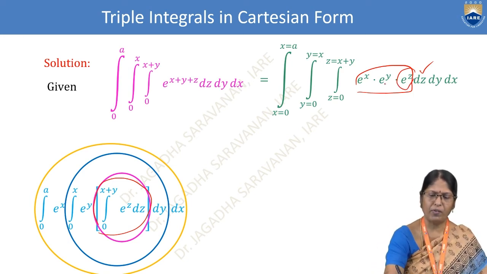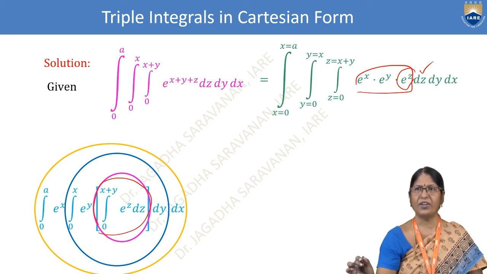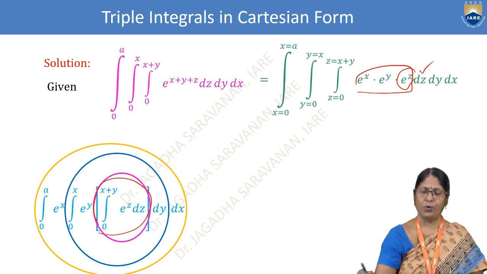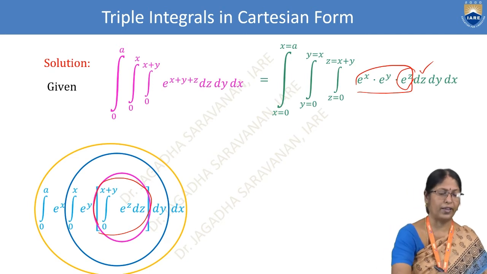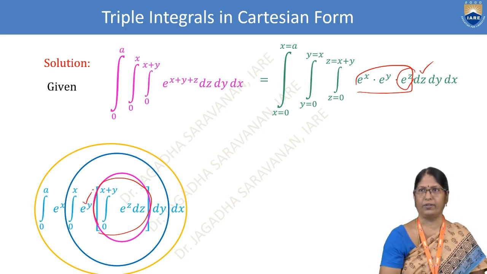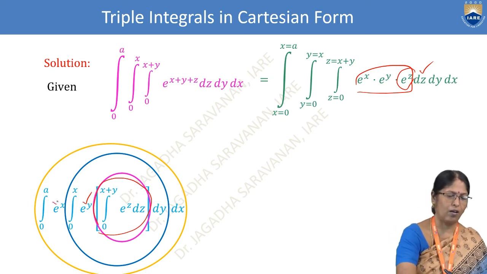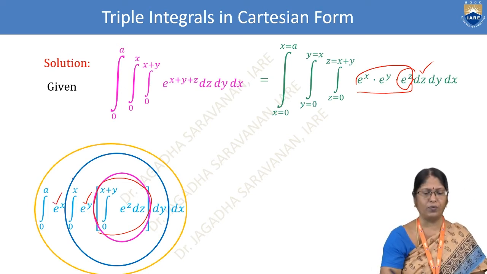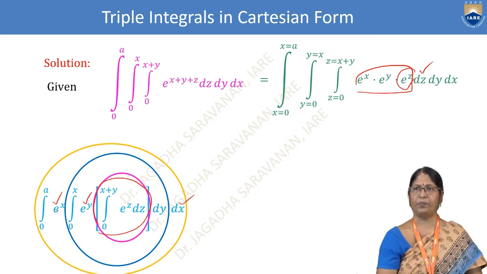The remaining e power x and e power y are treated as constants when we integrate. In a previous problem we called this partial integration; otherwise, we don't need to touch those terms. Like this also we can do it. We kept e power y, and the outermost we will do with respect to dx.